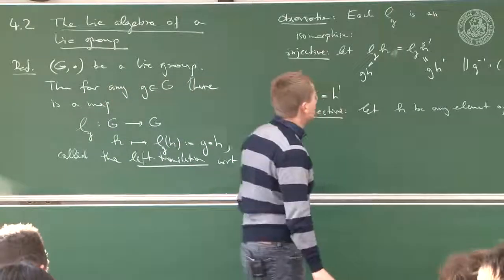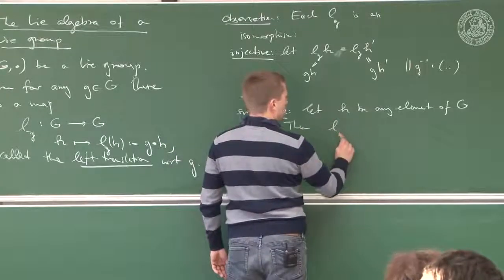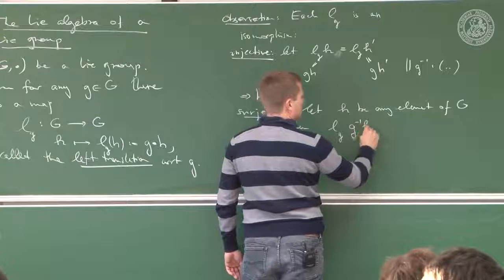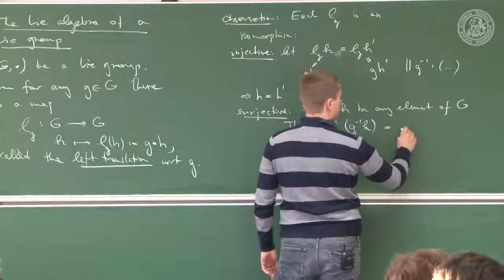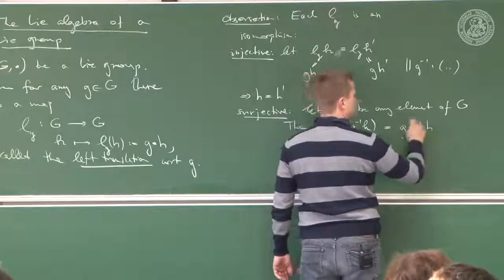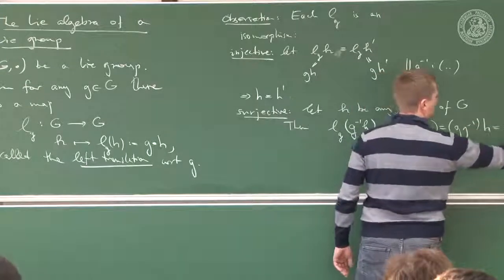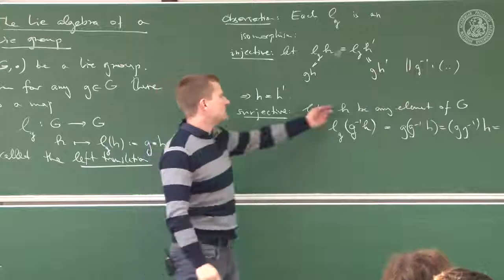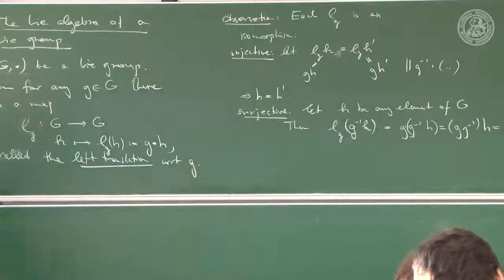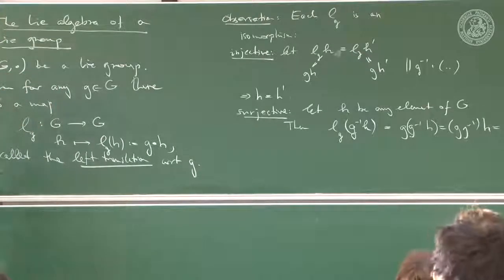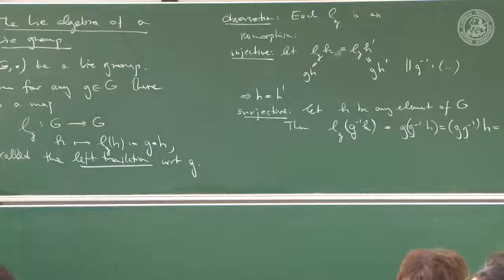Now, why is any element of the target hit by L_g? Then L_g acting on g inverse h, which is clearly an element of G, is of course g times g inverse h, because the whole thing is associative, is the identity times h, is h. So we hit any element of the target by L_g, namely starting from g inverse h. So this is an isomorphism of the sets.